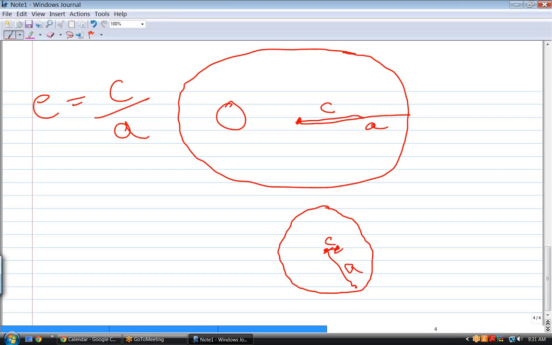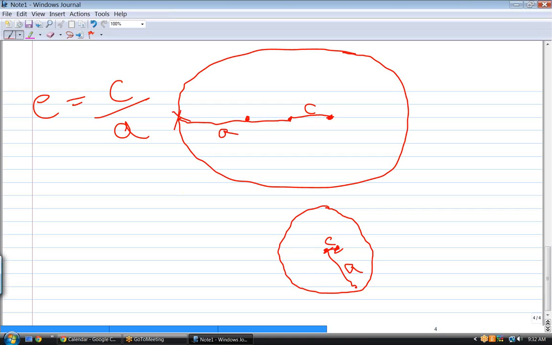What were c and a? c are the 2 focus points. Here, let me go back to this drawing here. Here's one focus. Here's another focus. And the distance from the center of my ellipse to that focus is c. And the distance from the center of the ellipse to the major transverse vertex is a.